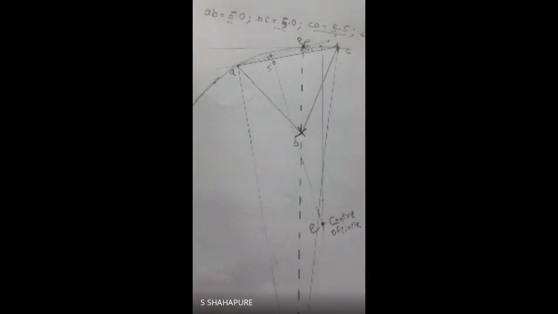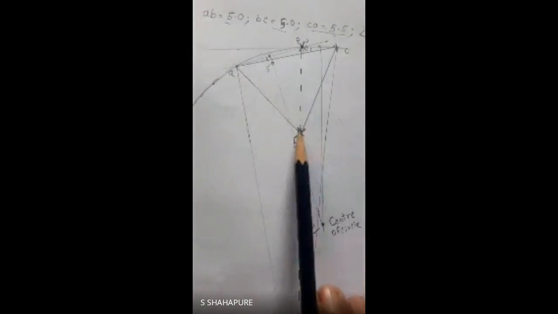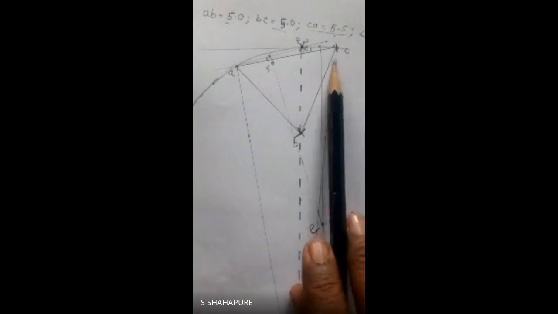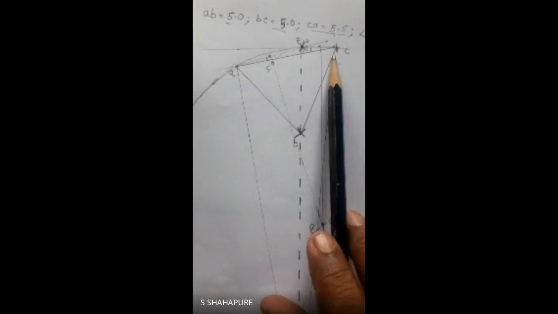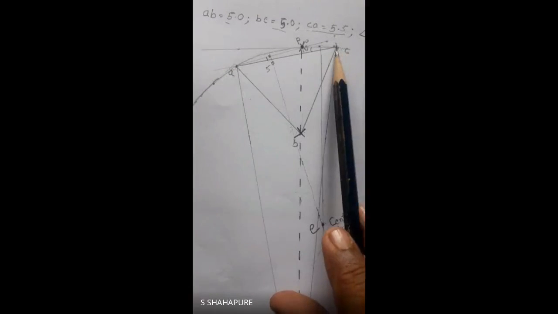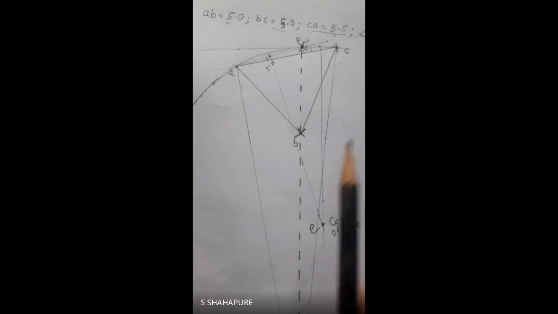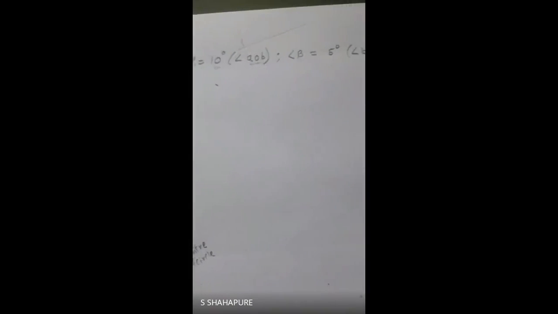So this is the triangle ABC. ABC points, A point, B point, and C point. AB is 5, BC is 5, and CA is 5.5. Then the alpha and beta angles are given as 10 degrees and 5 degrees, isn't it?